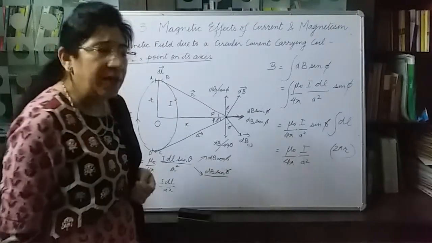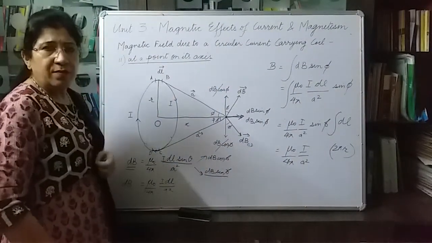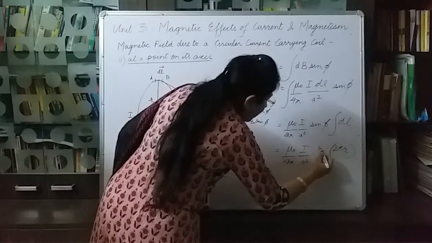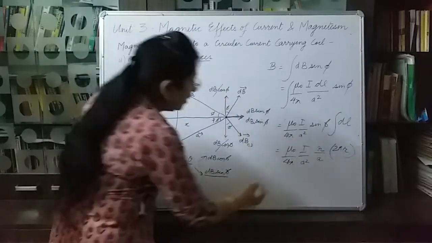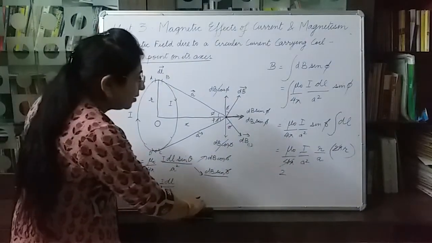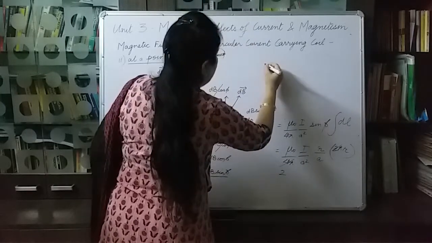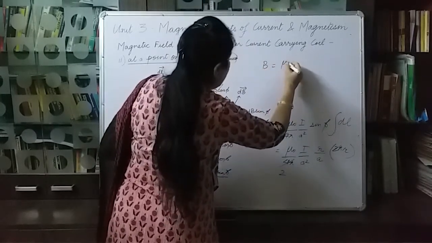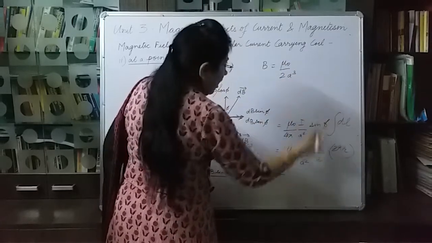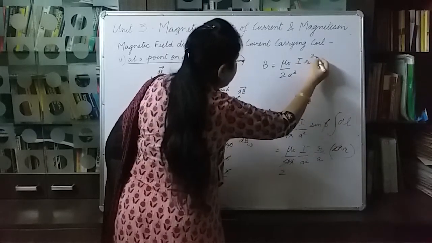At the same time, let us find what sin phi is. In this triangle, sin phi would be perpendicular r upon hypotenuse, so it would be r upon a. Let us cancel here. We get 2, and the terms now become B equals mu naught upon 2 a cube, and here I r into r square.